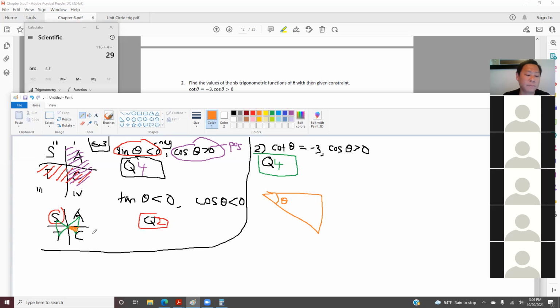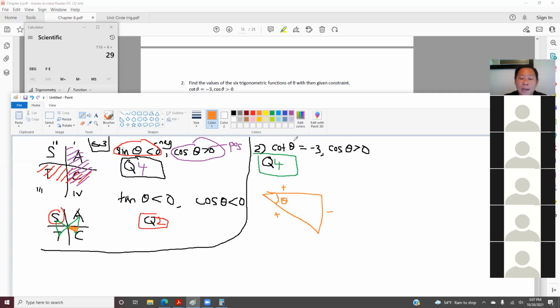If you give me the wrong quadrant, your triangle looks different. And if you remember in quadrant 4, which one is negative and which one is positive? Opposite is negative, and both adjacent and hypotenuse are always positive. No matter what quadrant you pick, your hypotenuse is always positive.